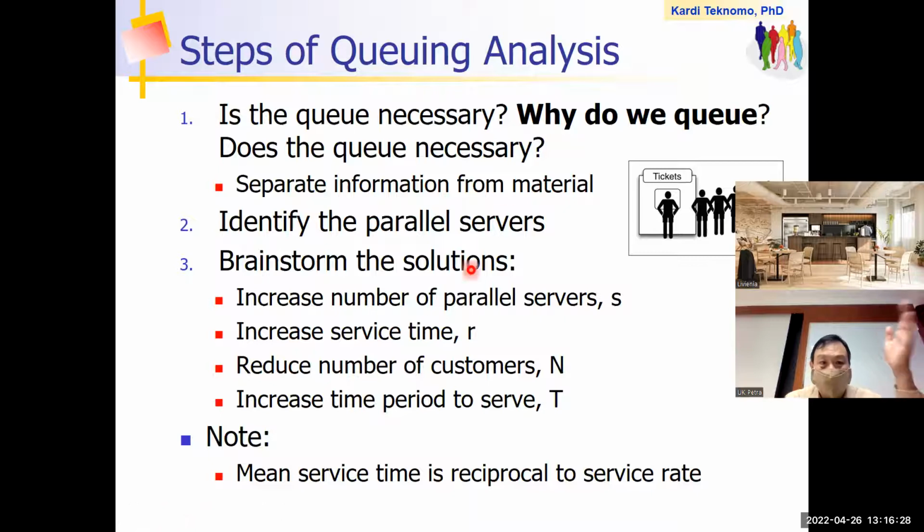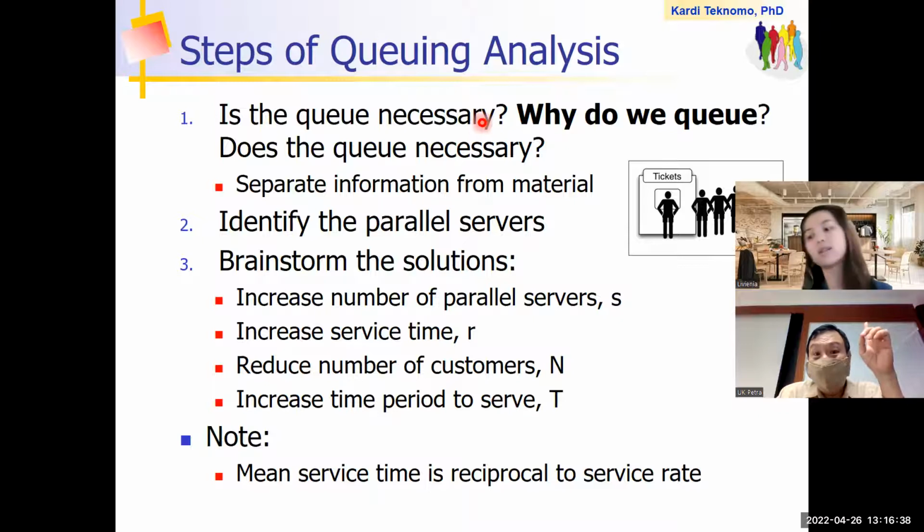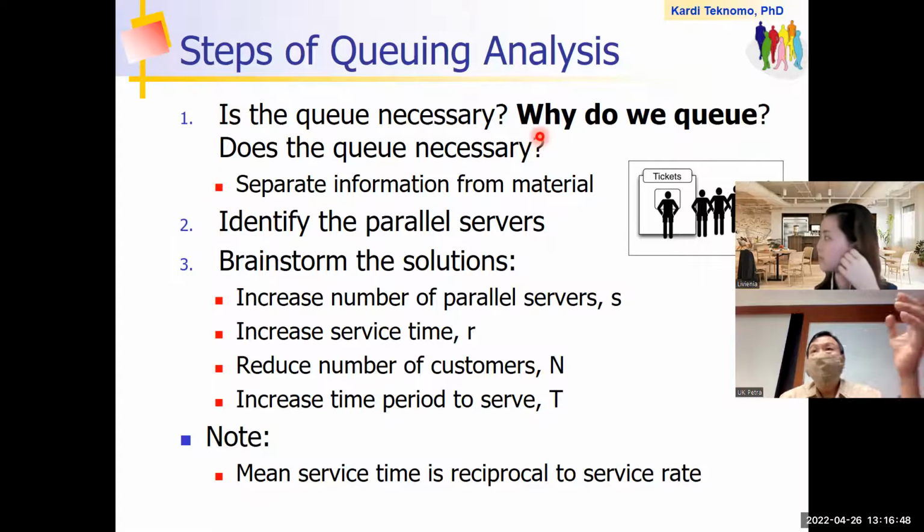Here are the steps to do a queuing analysis. Number one is important here. Number one question: is the queue necessary or not? Why do we queue? If it is not necessary to queue, make a system so that they will not queue.